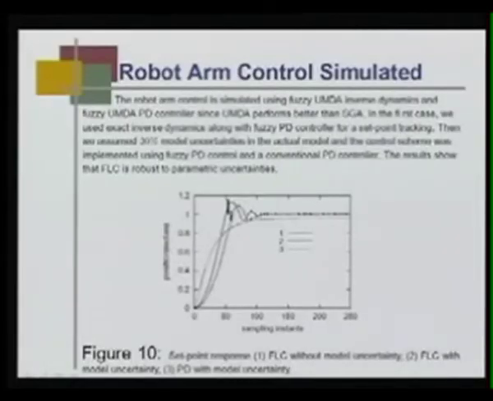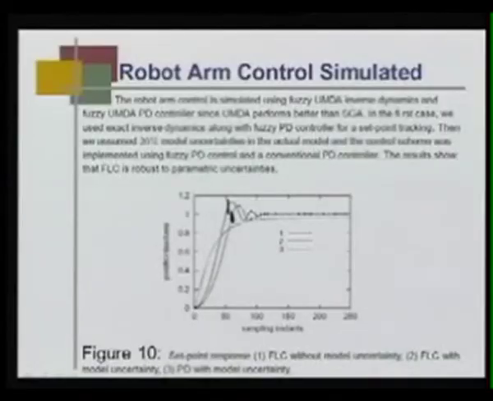Now, we introduced 20% model uncertainties, this one, and under the model uncertainties we again run the same fuzzy logic controller which we derived for the exact model. We took the 20% uncertainties in the parameters, introduced arbitrarily and randomly, and we saw the controller performance has not degraded, the second one which you are seeing.